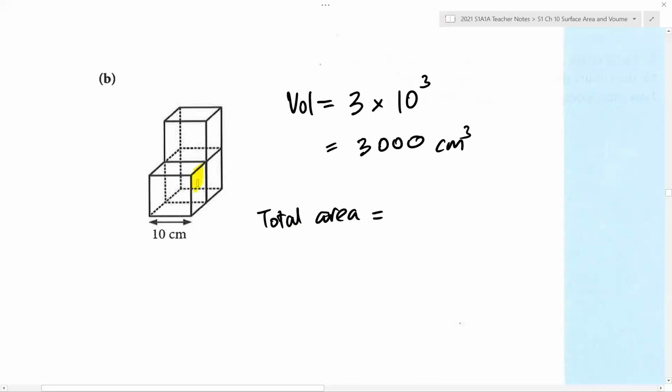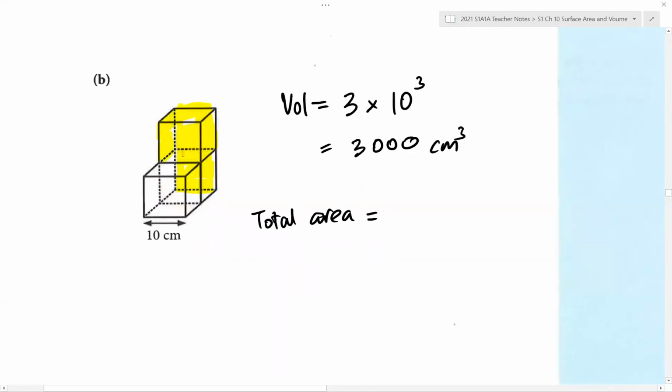I've got 1 square that I can touch here. 2, 3, on top 4, 5, 6, 7. So far I can touch 7. How many more are there? Behind, 8, 9. At the side, 10, 11, 12.